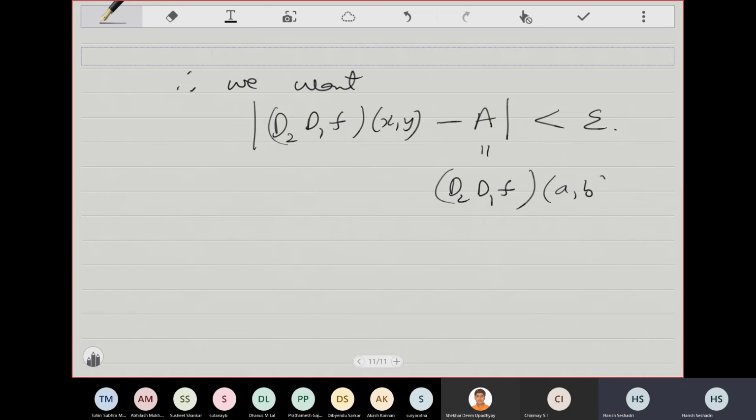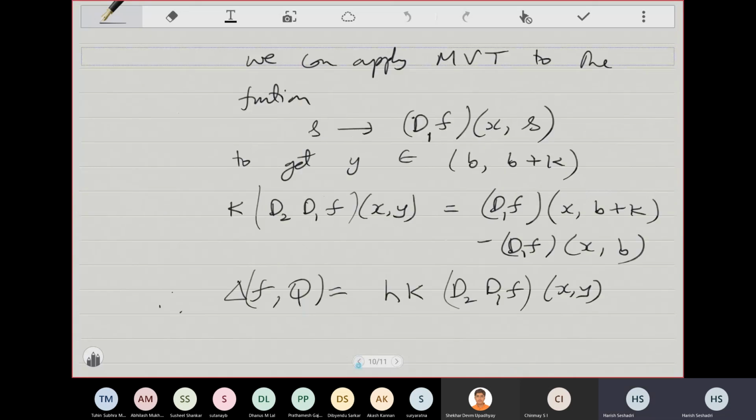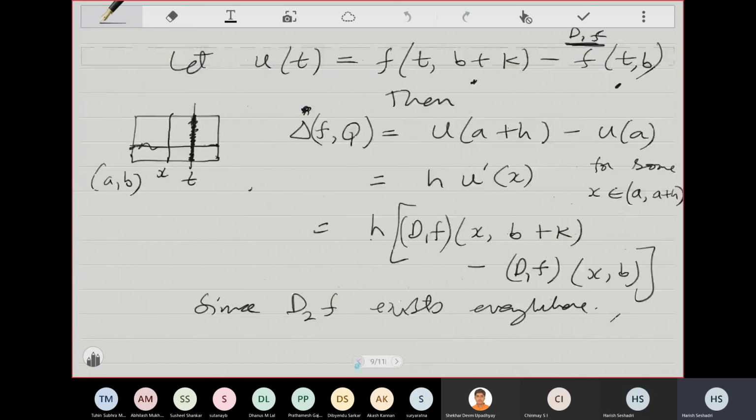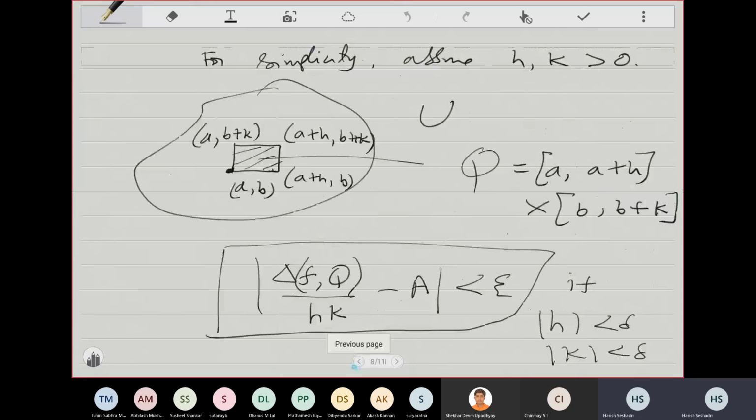Now this almost gives whatever we want, because after all, what are we saying? By the way, in the original thing, remember that we had this h and k. This inequality was supposed to hold if mod h and mod k are less than delta.